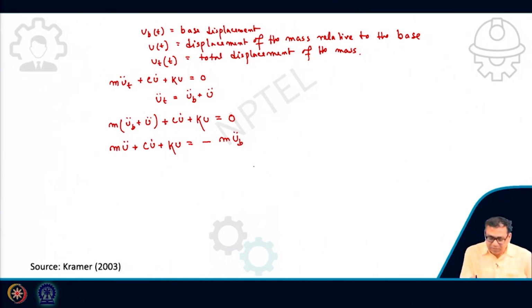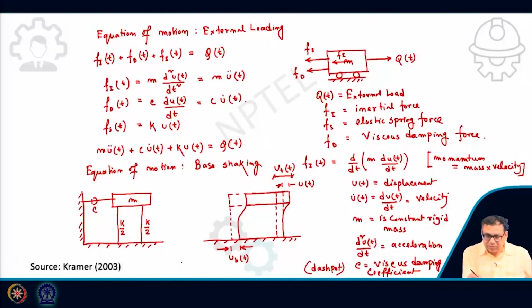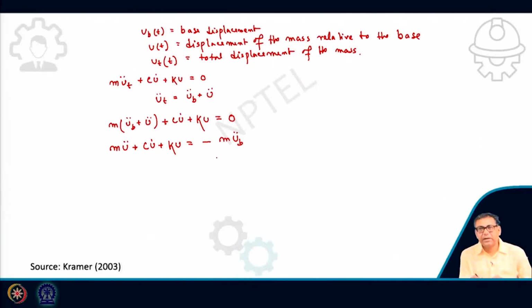So what does this equation indicate? It indicates that you are applying an external load. If you compare these two equations, they are the same. It only indicates that you are applying a negative external load of m u_b double dot amount.